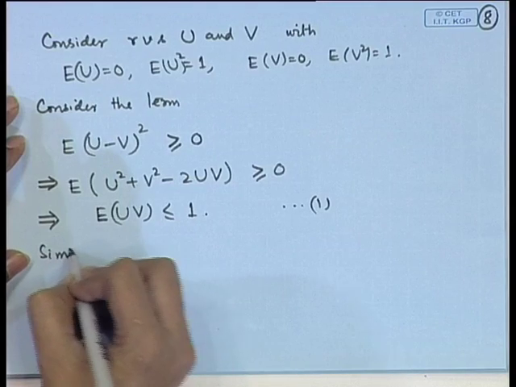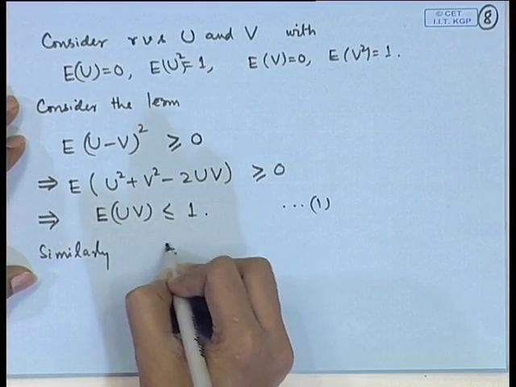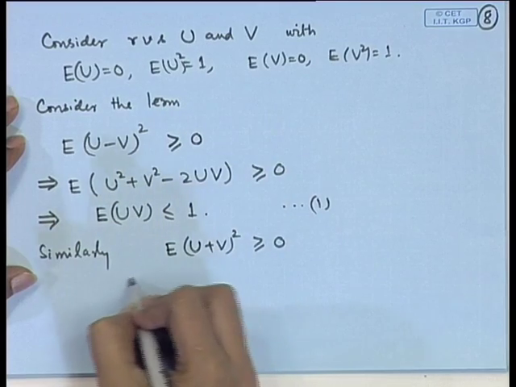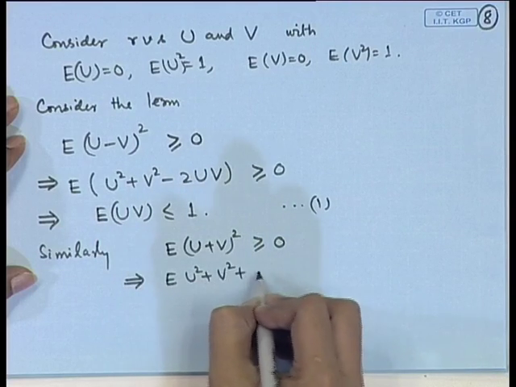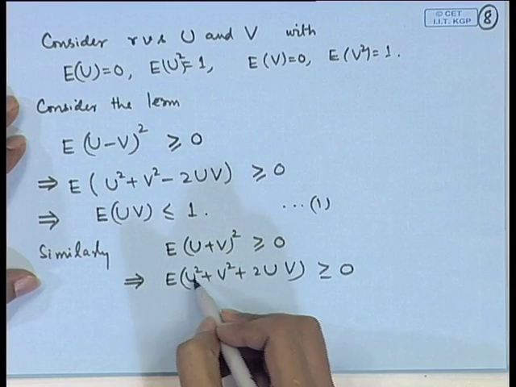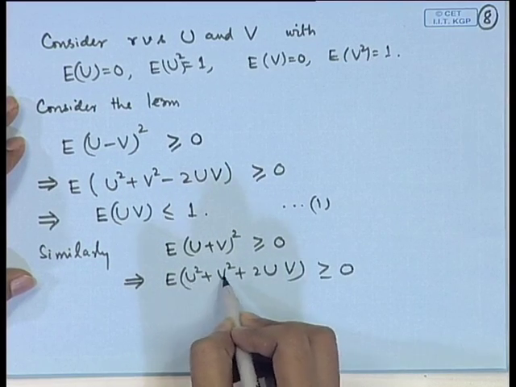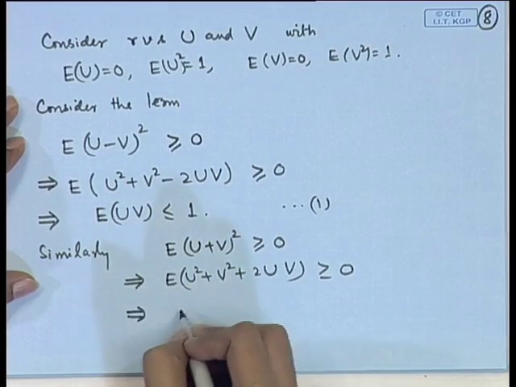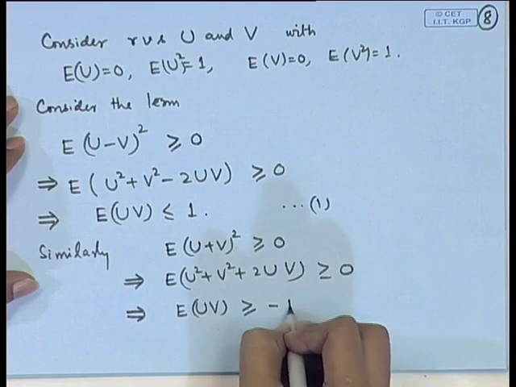Similarly, expectation of u plus v whole square is greater than or equal to 0. This yields expectation of u square plus v square plus 2 u v is greater than or equal to 0. Once again, substituting the values of expectation u square and expectation v square as 1, we get expectation of u v greater than or equal to minus 1.